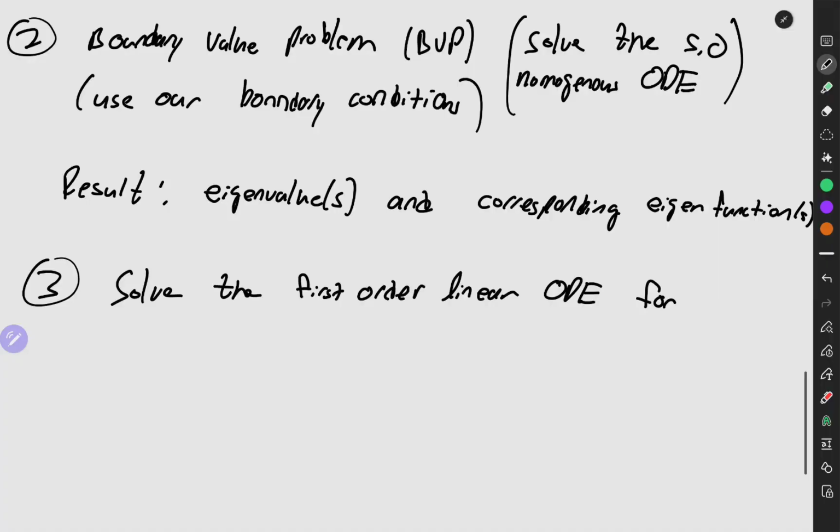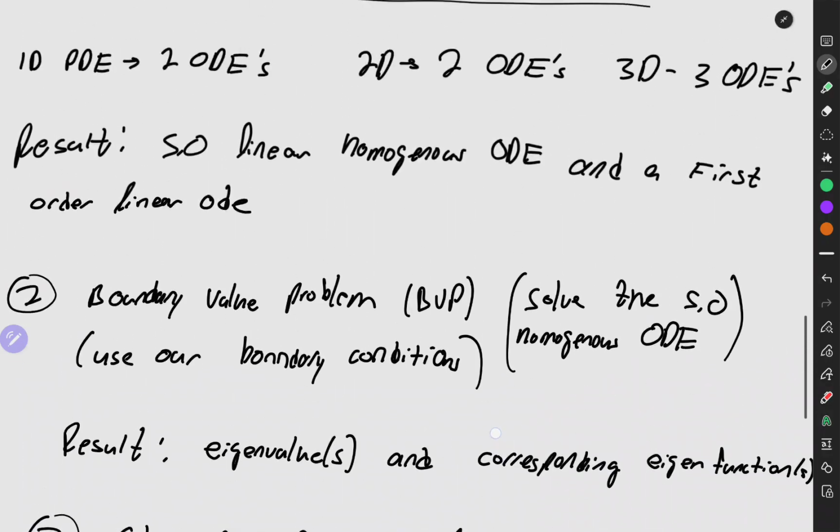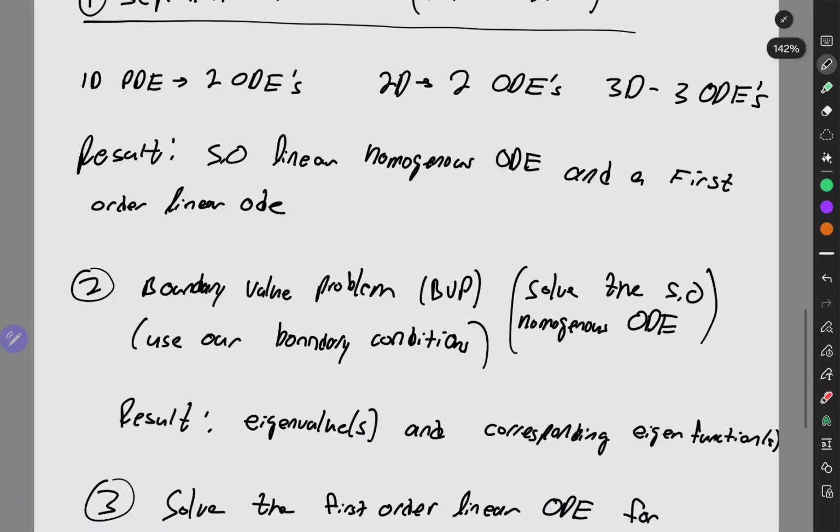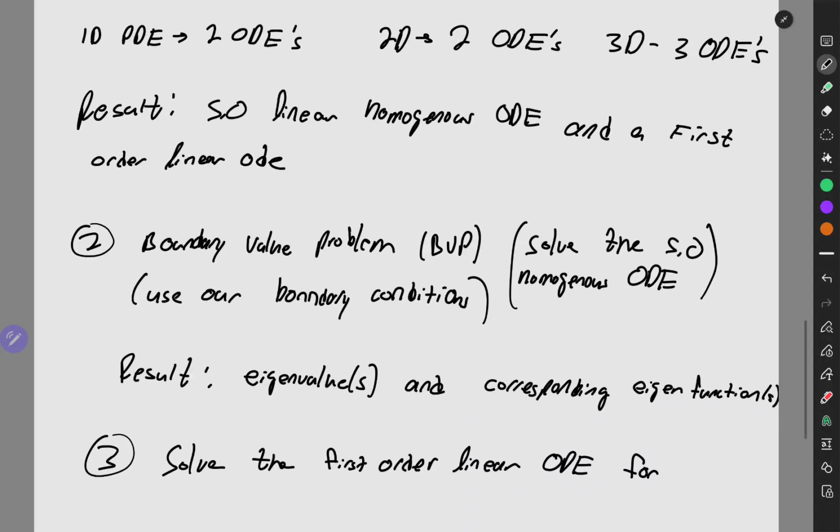So basically in the heat equation, we're dealing with x and we're dealing with t, right? So with the second order homogeneous ODE and the boundary value problem, step 2, we would be solving for x, basically a function of a solution of x.